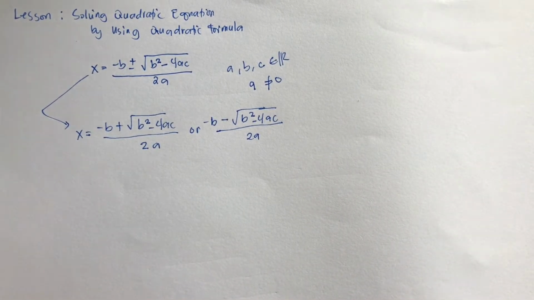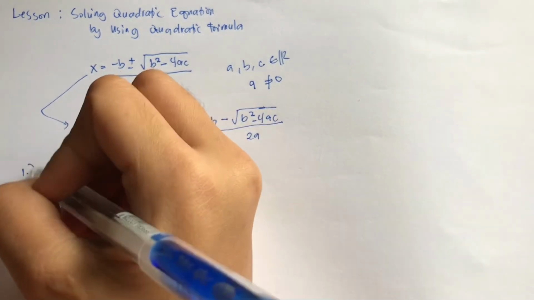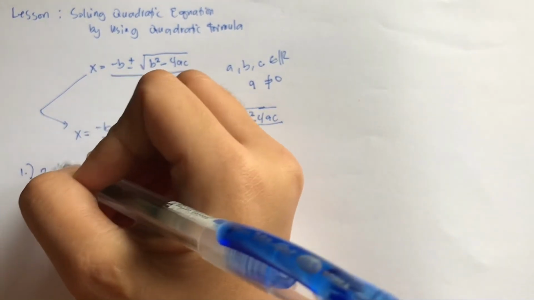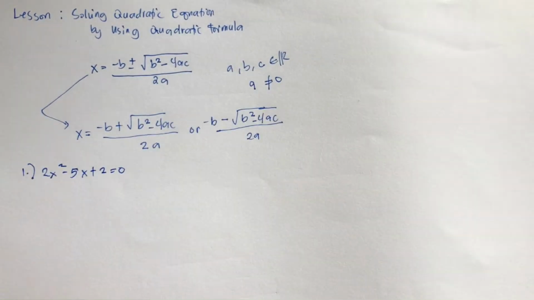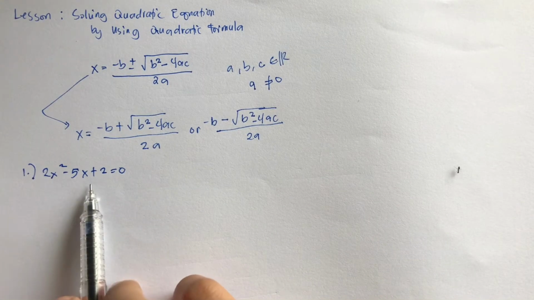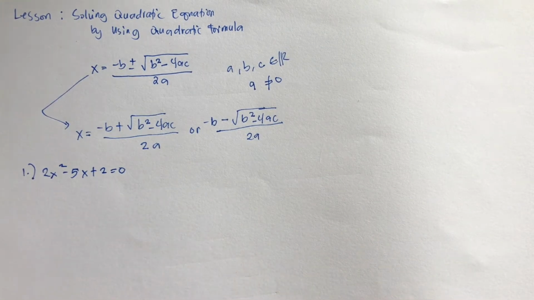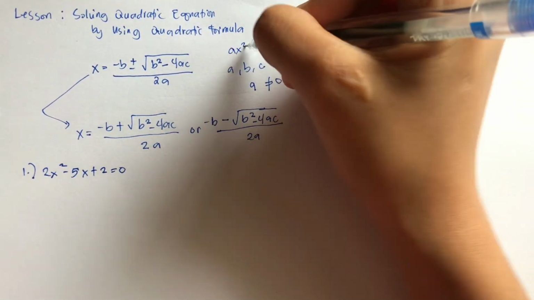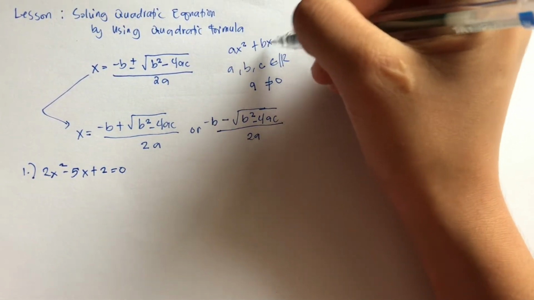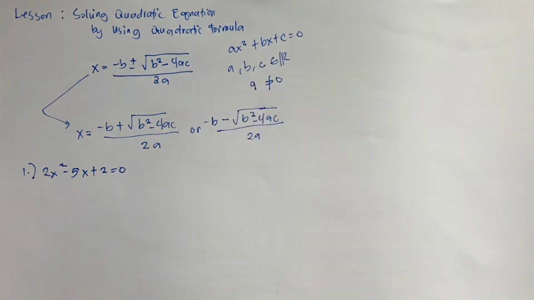Okay, so now let us try an example. What if we have 2x squared minus 5x plus 2 is equal to 0? What have you noticed? This equation is already in the standard form. So recall the standard form is ax squared plus bx plus c is equal to 0.